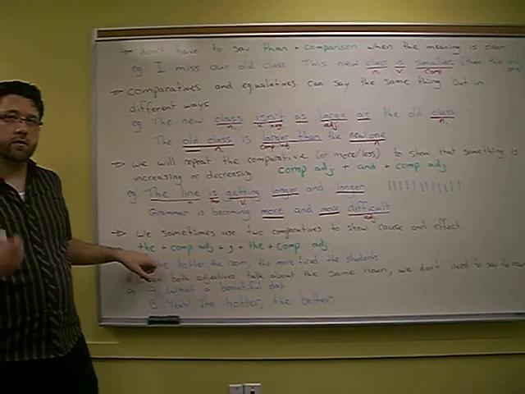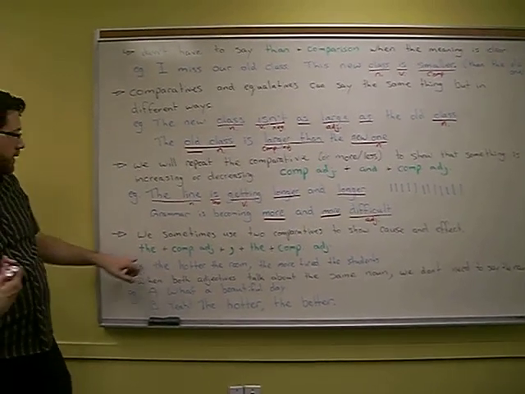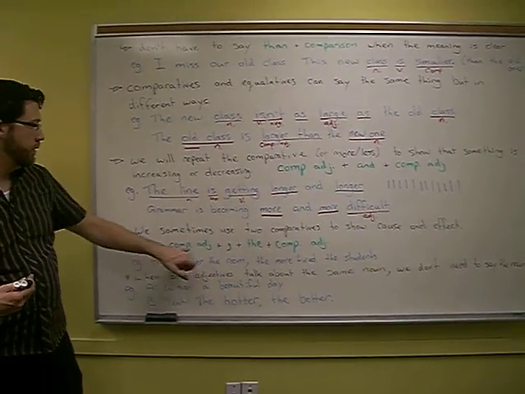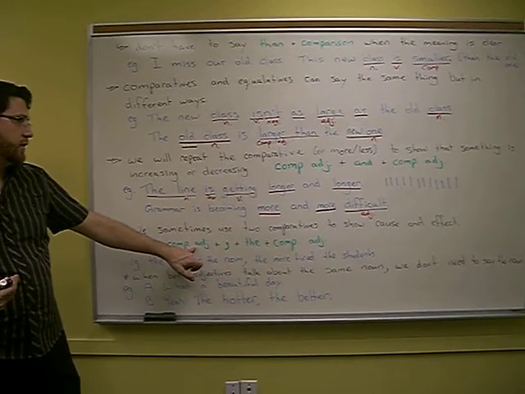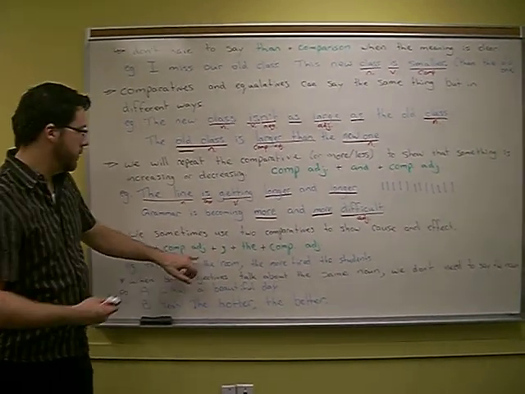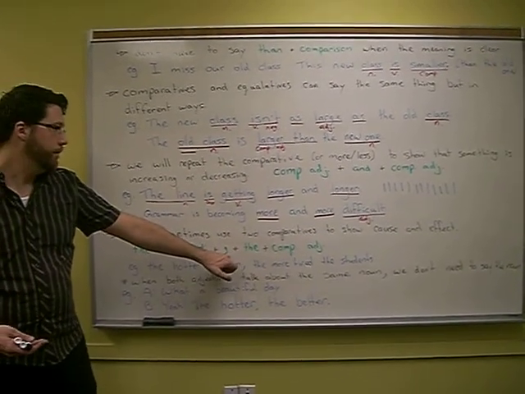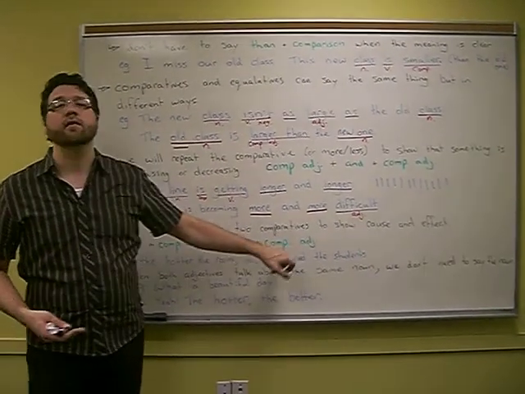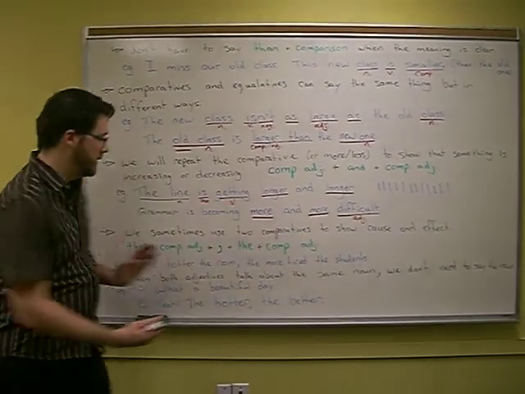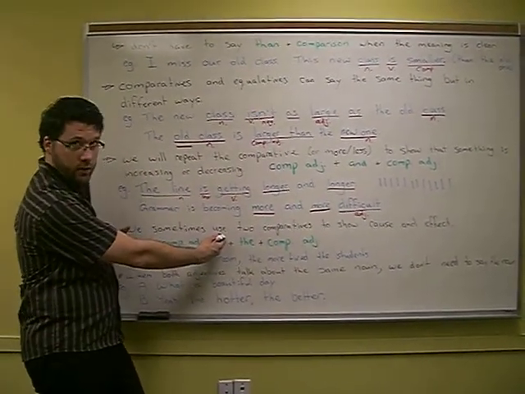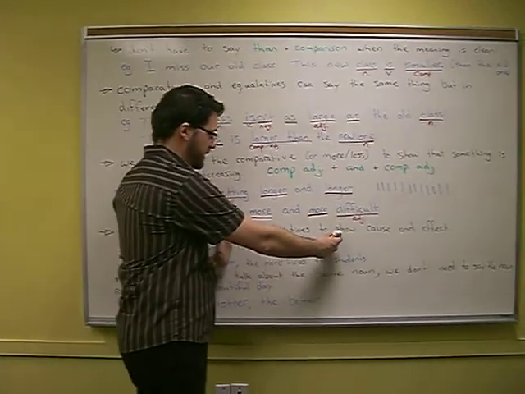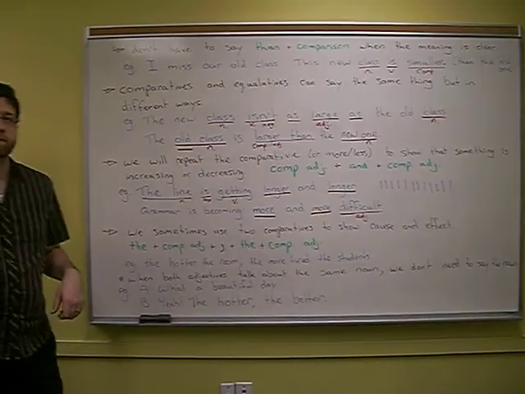We start our sentence not with the subject, but with the and our comparative adjective. Then we have our noun and a comma. And then we have the and another comparative adjective. So this part is the cause, and this is the effect.